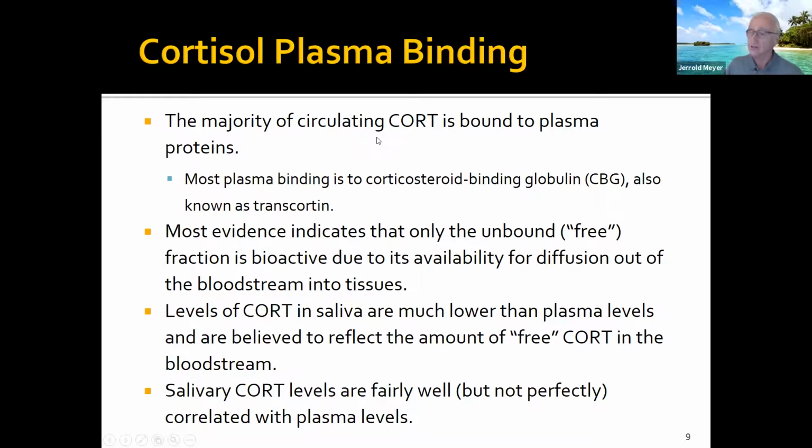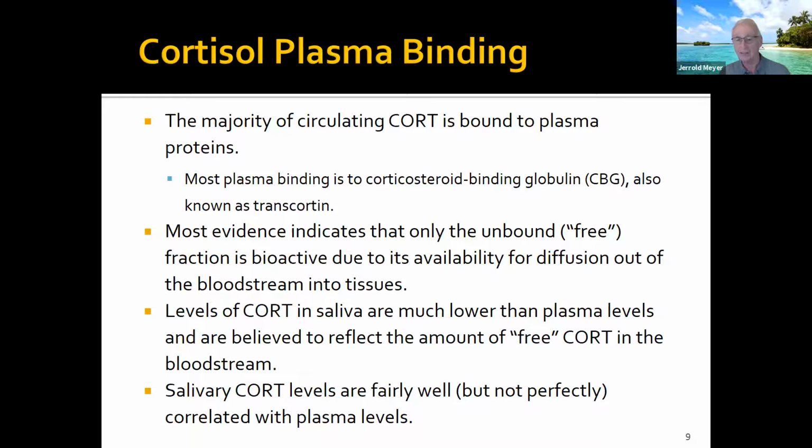When cortisol is in your blood, the majority of it is actually bound to plasma proteins. Most of it is not circulating free. Most of that plasma binding is to a protein that seems to have evolved for that purpose, called corticosteroid binding globulin, CBG, also sometimes called transcortin.